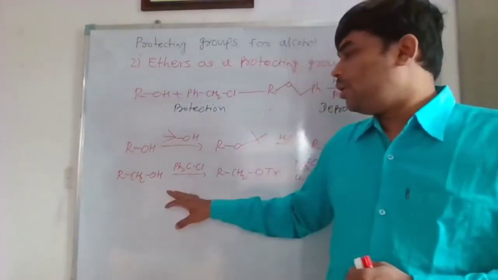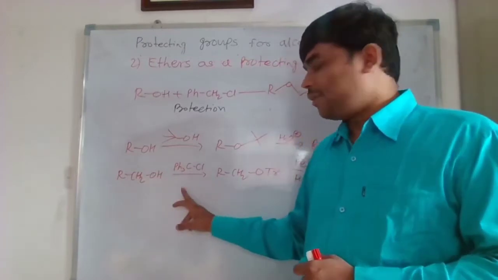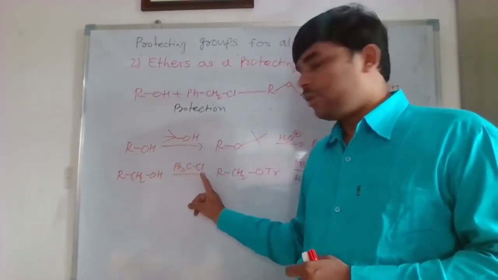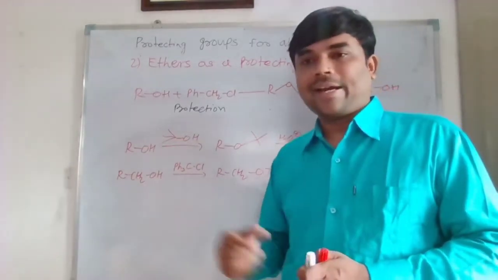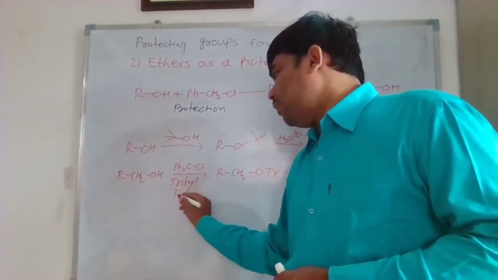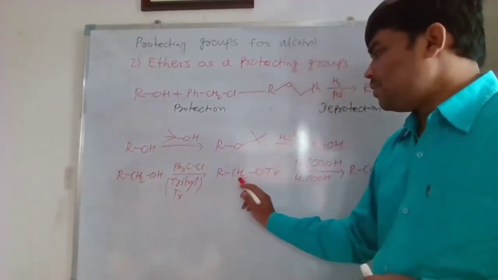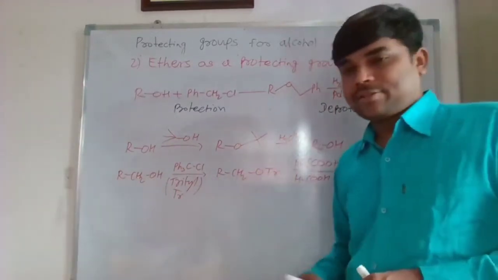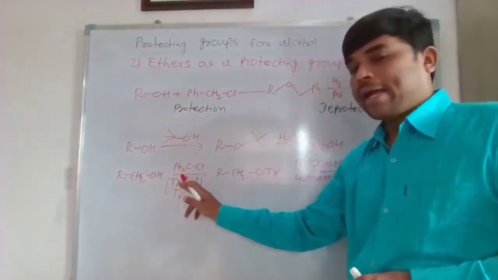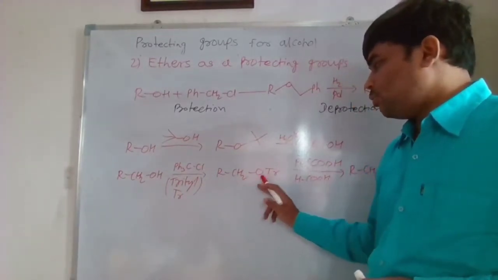For selective protection, when a primary alcohol reacts with triphenylmethyl chloride, also known as trityl, symbol Tr, it forms RCH2OTr.